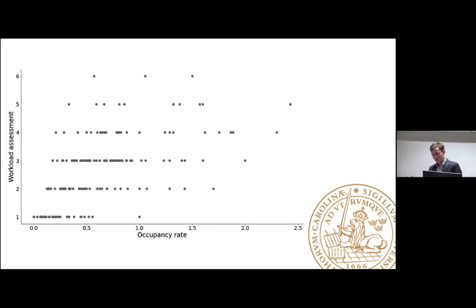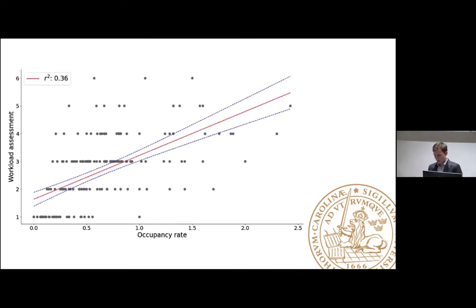As occupancy rate increases, so does the staff assessment, and the other way around. But the correlation isn't terribly good, with a coefficient of determination of 0.36. That's decent at best, and not close to the 0.51 which we got between the SEAL model and the workload assessment.